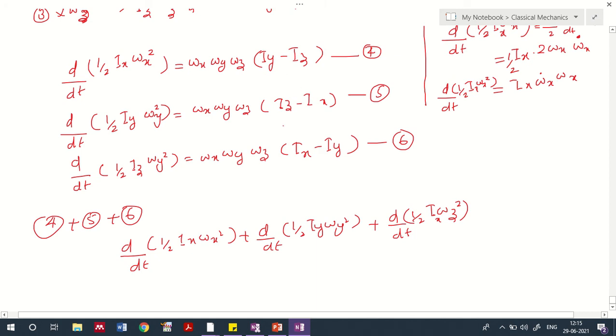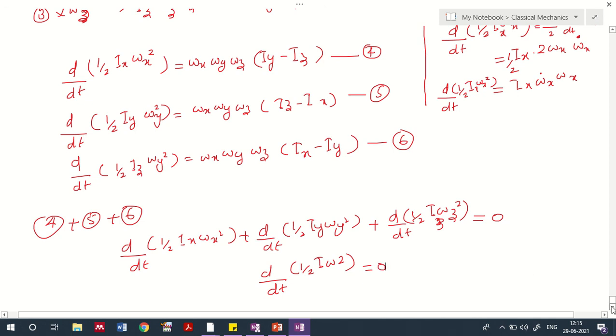If you add this together, you'll be getting 0, and you can write this as d by dt of half I omega square, which is equal to 0.